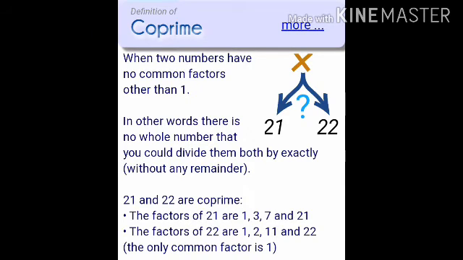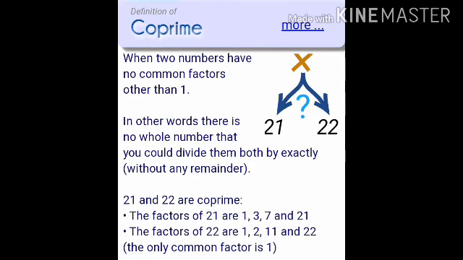Example, 21 and 22 are coprime because the factors of 21 are 1, 3, 7 and 21. The factors of 22 are 1, 2, 11 and 22. Therefore, the only common factor is 1. So, 21 and 22 are coprimes.